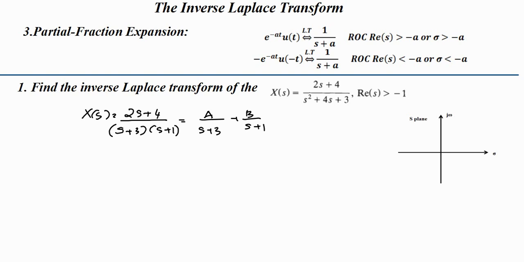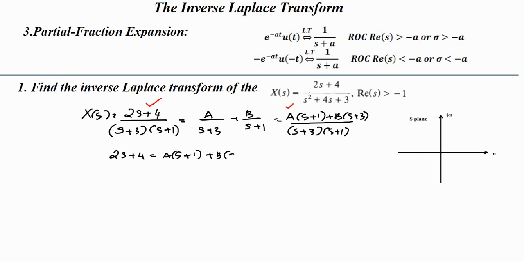If we take the LCM, it becomes A into s plus 1 plus B into s plus 3, and the denominator will be the same, s plus 3 into s plus 1. Since the denominator is the same, I can equate the numerators. So 2s plus 4 is equal to A into s plus 1 plus B into s plus 3.